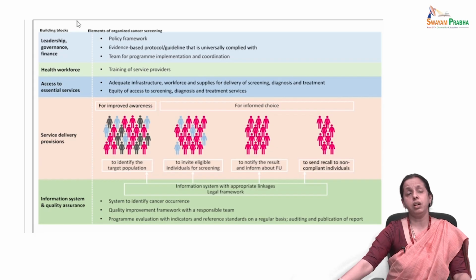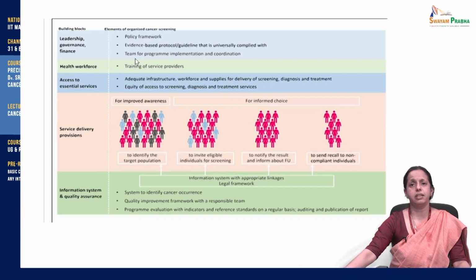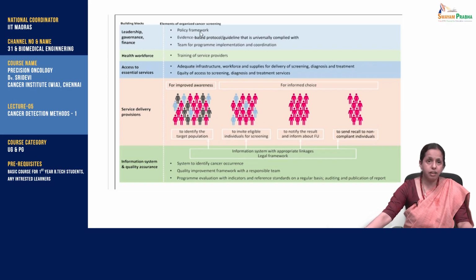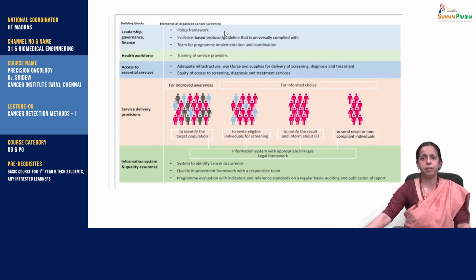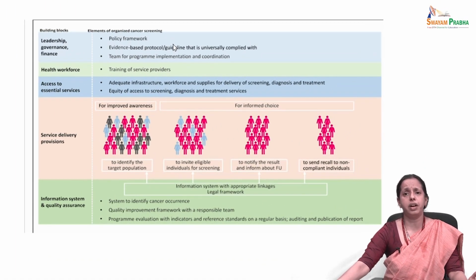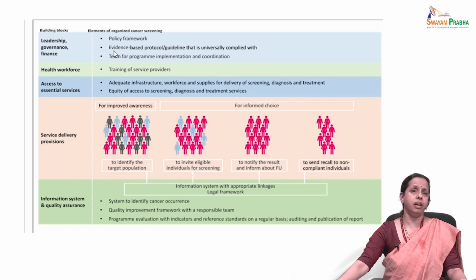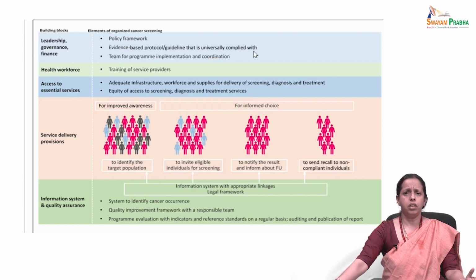This mostly happens in the West, where a complete policy framework exists that describes the governance structure and program objectives, for example cervical cancer screening for women of a particular age group or area. So you have your defined objectives, and then definitely it is very important to have financial funding resources. And is there an evidence-based protocol, or a guideline that is universally complied with? Mostly, the universally compliant guidelines are really adhered to.